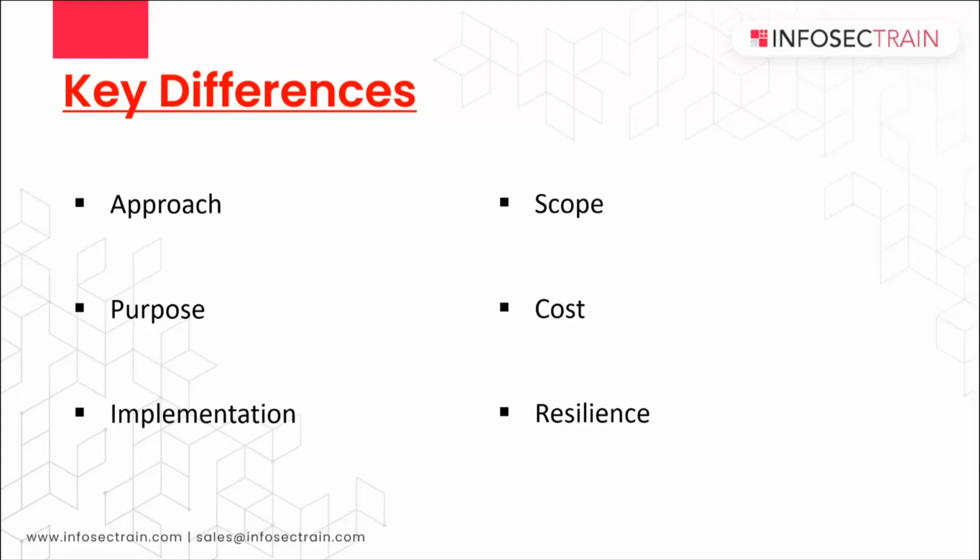On the other hand, redundancy provides backup components or systems that can take over if the primary component or system fails, but redundancy can introduce downtime or performance degradation when a failure occurs. So the choice of approach depends on the specific requirements of the system and the resources available to implement it.